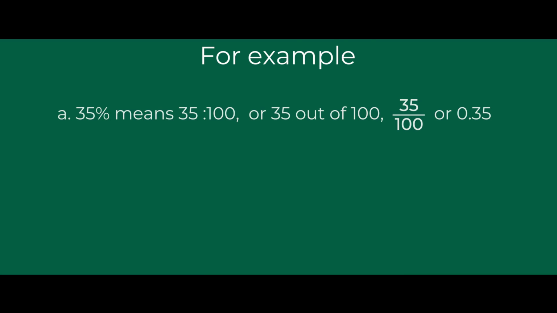Okay, for example A, 35%. 35% can be written in the form of a ratio, 35 to 100. Here we are writing a part to whole ratio. We can write it like 35 out of 100.